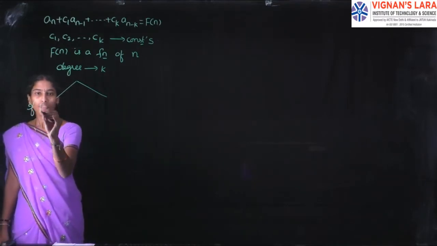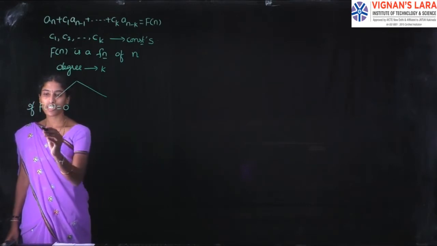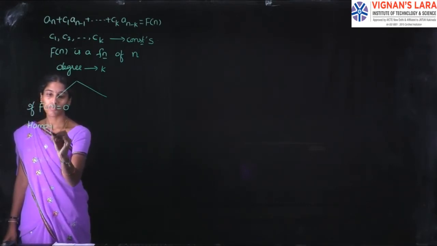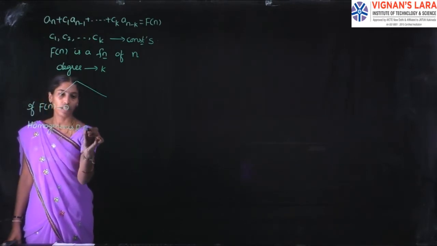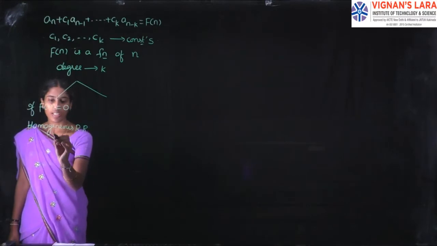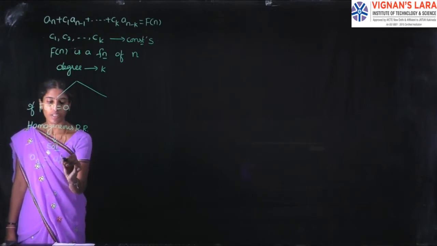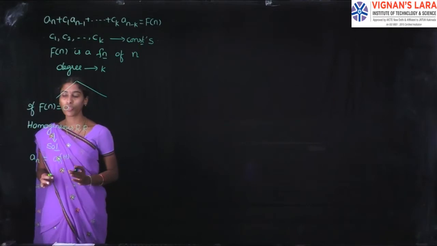One is if f(n) is equal to 0. Such a type of recurrence relation is called a homogeneous recurrence relation. For this homogeneous recurrence relation, its solution is of the form a_n = a_n^(h), which indicates only the homogeneous solution.